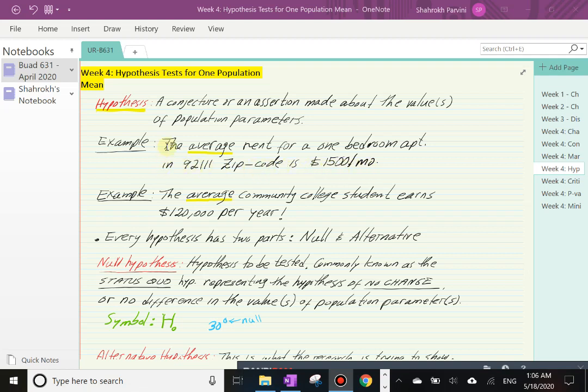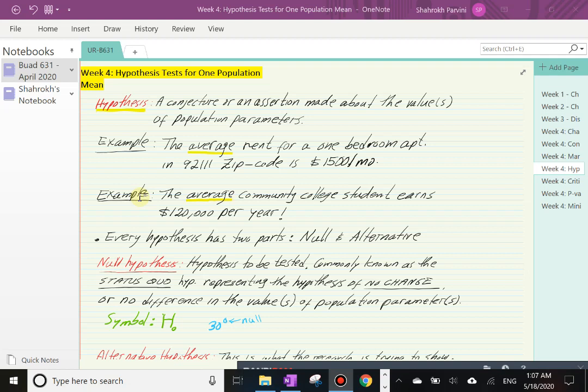I guess being in San Diego, that is sort of reasonable and sensible. The second example is not so reasonable. It reads that the average community college student earns about $120,000 a year. That one is a hard sell. I know it's not realistic, but I'm doing it for a reason.